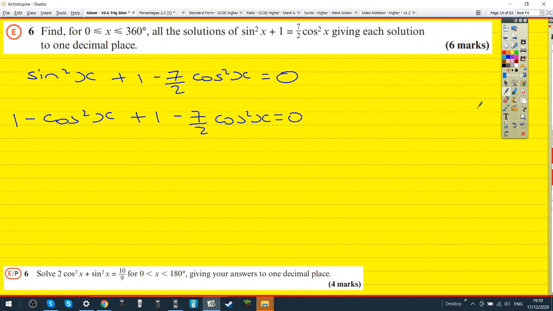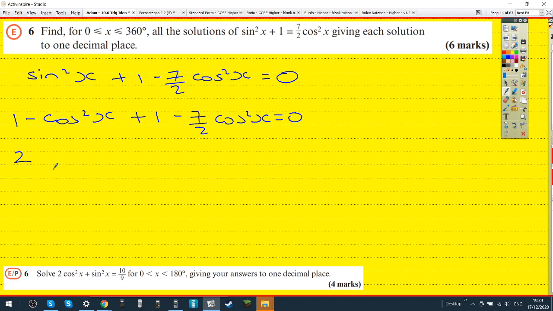And then could you just, would you do 1 add 1, or would that not work? Yep, which would give you 2, so it'd be 2 plus, then you could just minus cos squared x plus 2 minus 7 over 2 cos squared x equals 0.